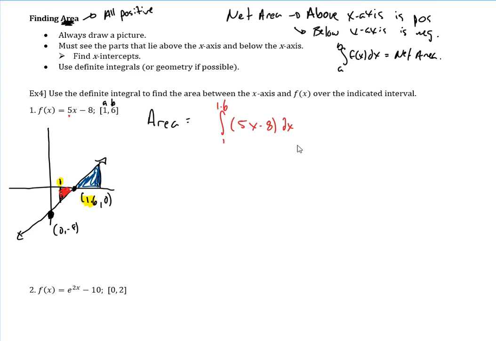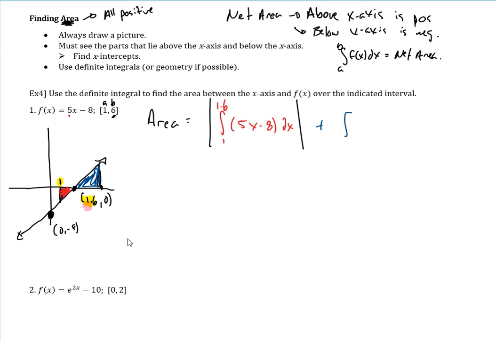Again, the part in red would be a negative number, so we make it with an absolute value around it. At the end of it all, we'll make sure it stays positive. Then we'll add, so plus, this area in the blue, which is automatically positive, and it starts at 1.6 and ends at 6.